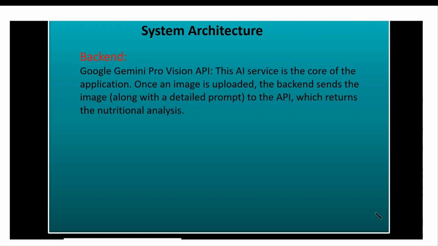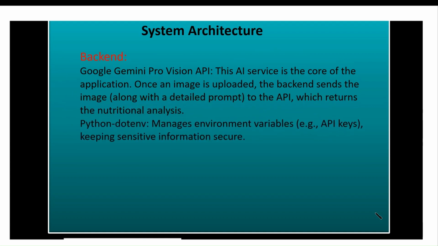Once an image is uploaded, the backend sends the image along with a detailed prompt to the API, which returns the nutritional analysis. I also use python-dotenv, which manages environment variables such as the API keys, keeping sensitive information secure. That's where I warehouse my API key for this project.